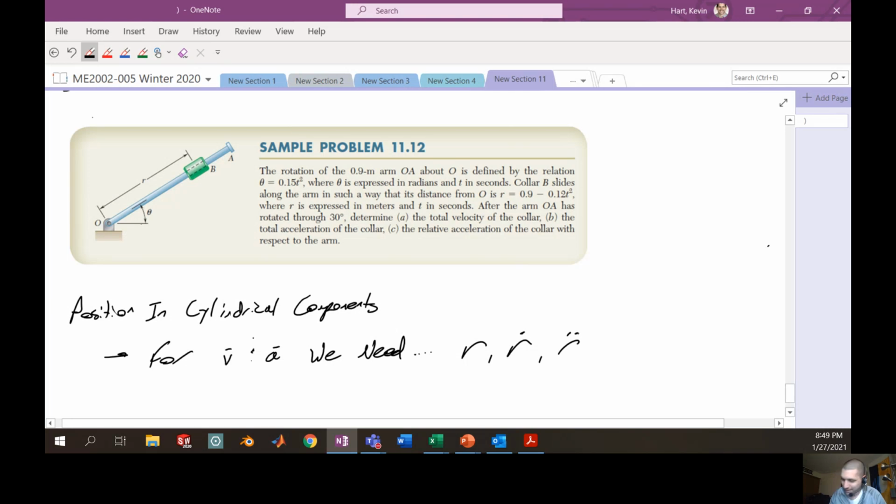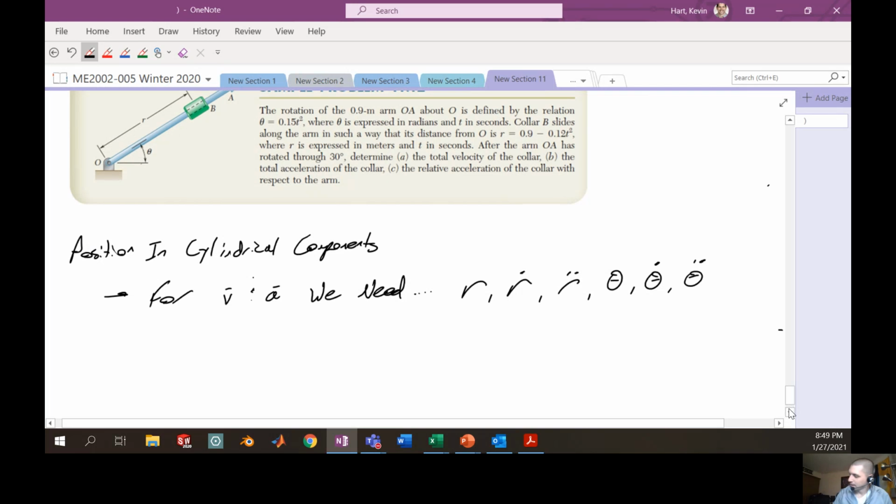We're going to need the acceleration of this collar along the shaft as a function of time, which we call r double dot. We need the angular position theta, the angular velocity theta dot, and the angular acceleration theta double dot. So we'll start by getting all of these things as functions of time, and then work our way through the problem, given the certain things that we're looking for.